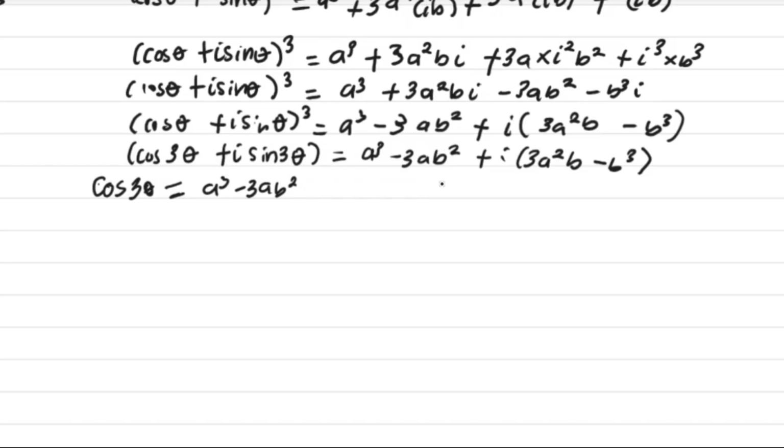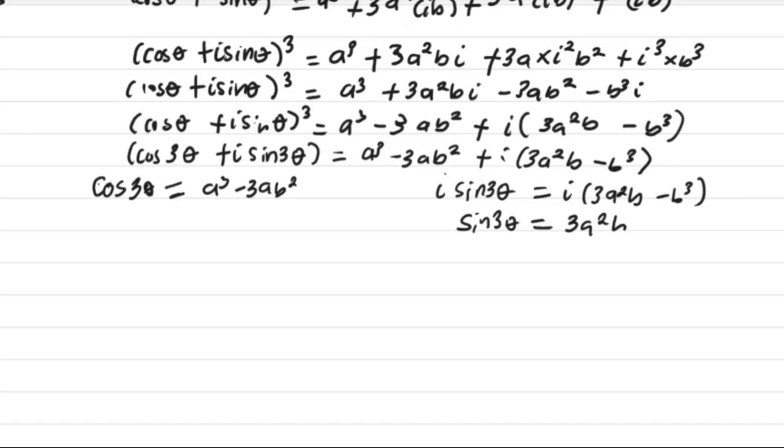It means that i sine 3 theta is equal to i into 3a square b minus b raised to power 3. Of course, this i will cancel out, because it's the imaginary parts that we are comparing to each other. So sine 3 theta is equal to 3a square b minus b raised to power 3.